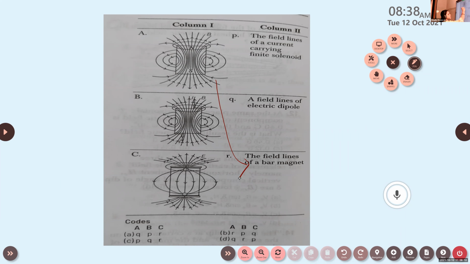The field lines around the solenoid are exactly similar to that of the bar magnet. The last one is the field lines of an electric dipole. So here the correct option is R, P, and Q. Okay.